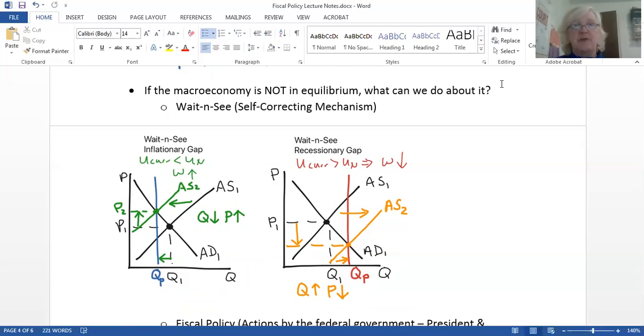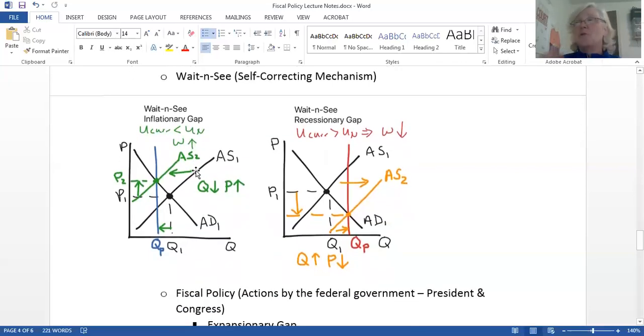So what if we all got patient and we all said, we can wait this out, right? We're gonna wait and see. If we have, and this is what these two pictures are showing here, if we have an inflationary gap, like we do on the left-hand side here, the wait and see inflationary gap over here, notice the black intersection is to the right of my LRAS right here, the blue LRAS, right?